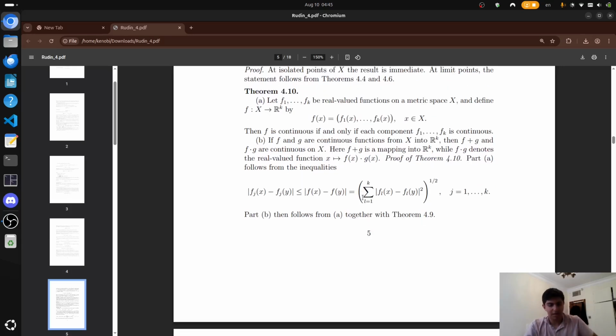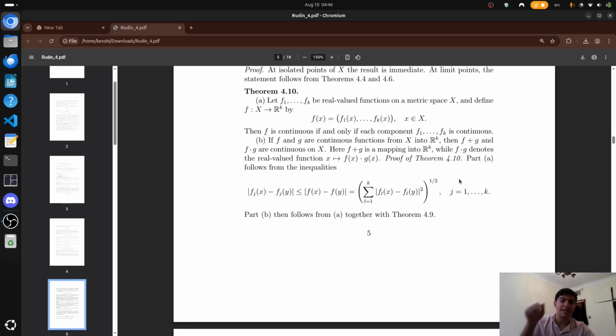Now, if you remember in chapter 3, we had a similar proof that if you want a vector to converge, each of its components must converge. Basically, we do this by saying that the difference between the components is less than or equal to the square root of the sum of the squared differences of all the components.